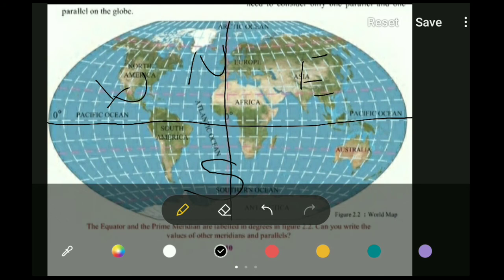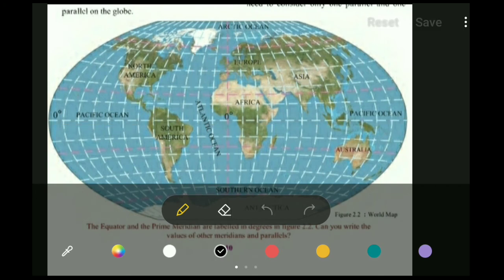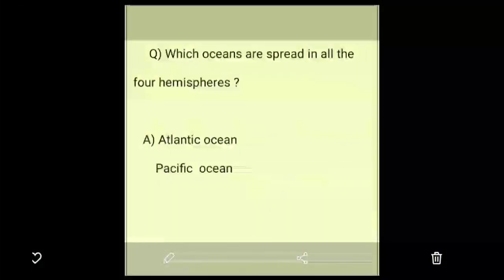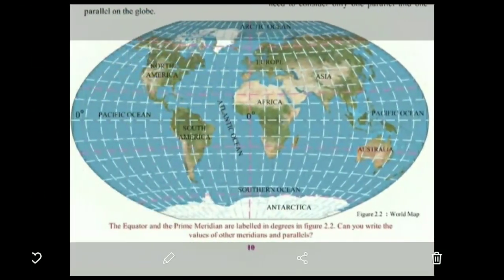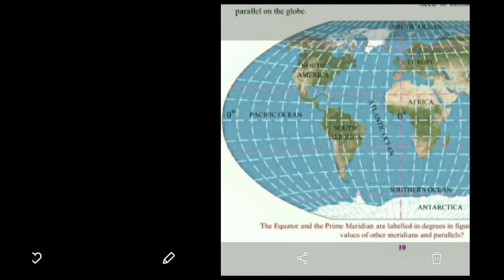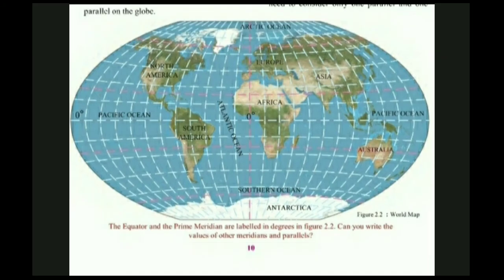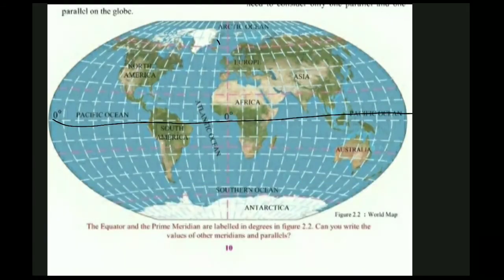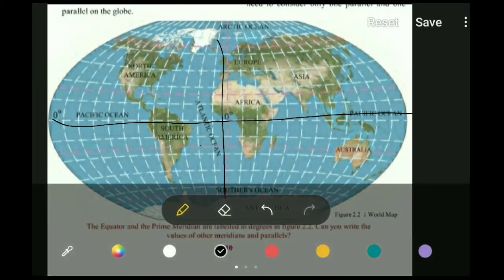Now you have to find out, what was your question? Which ocean spreads in all the 4 hemispheres? So we want the ocean which is there in all the 4 hemispheres. If this is your 4 hemispheres, can you see the Atlantic Ocean is in all the 4 hemispheres.